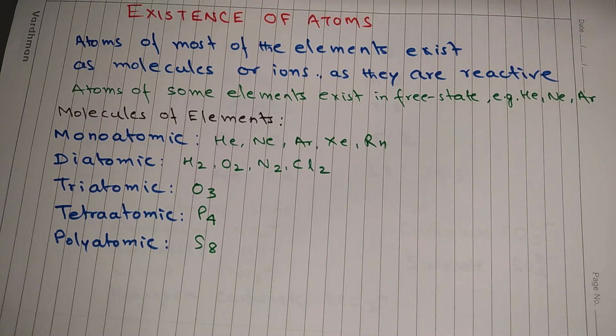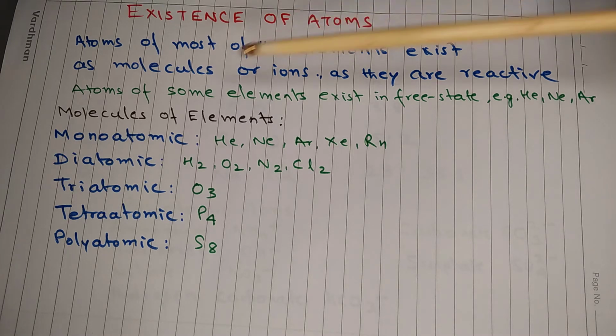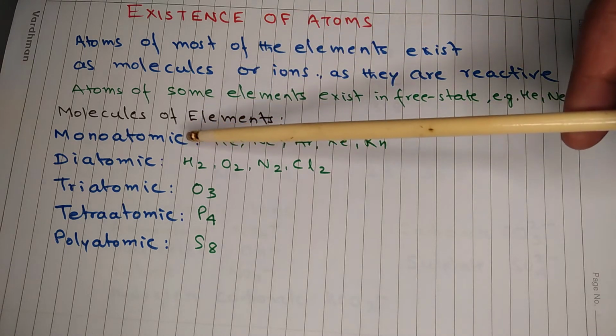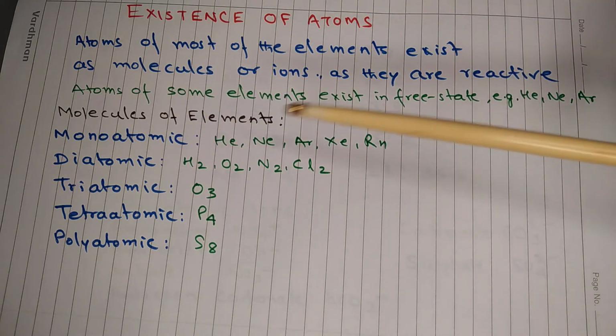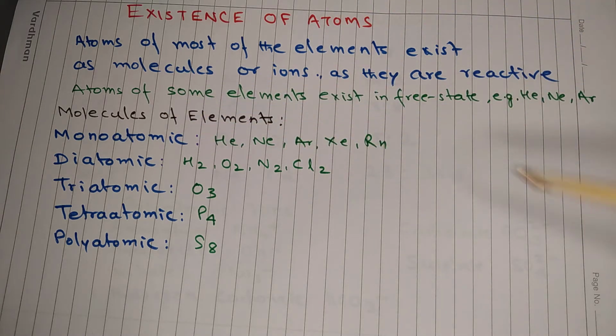Those which exist as molecules can be classified on the basis of the number of atoms in a molecule. There can be monoatomic, with one atom in a molecule. Helium, neon, argon, xenon and radon are monoatomic elements.